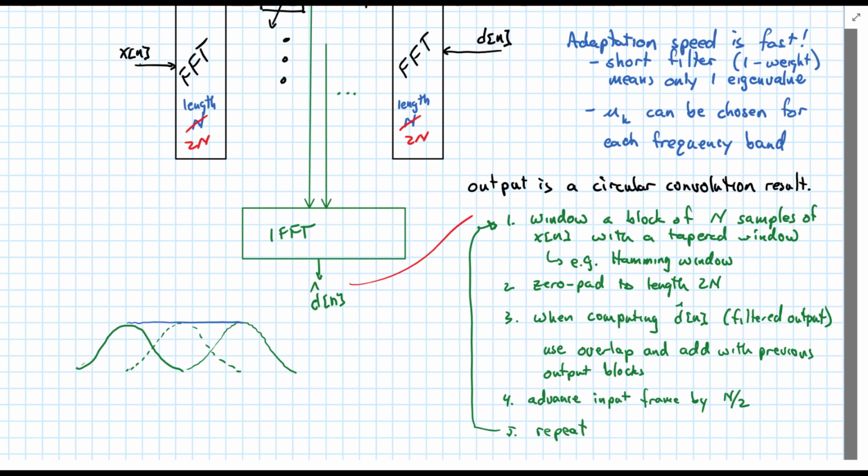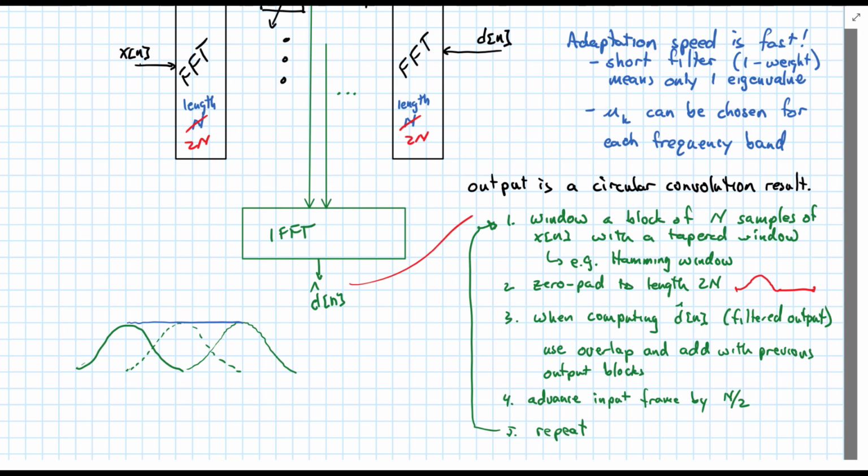That'll be important in just a moment. Next, we zero pad our signal out to length 2n. Compute the FFT, do your adaptive filtering, and compute the output signal d hat.